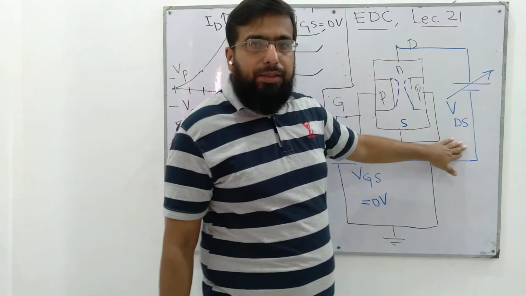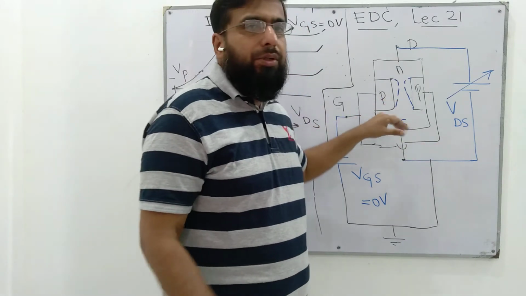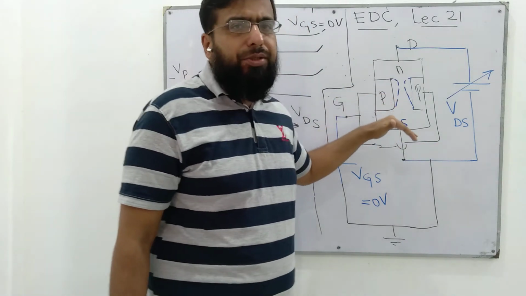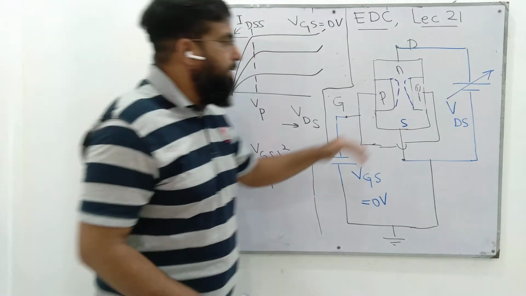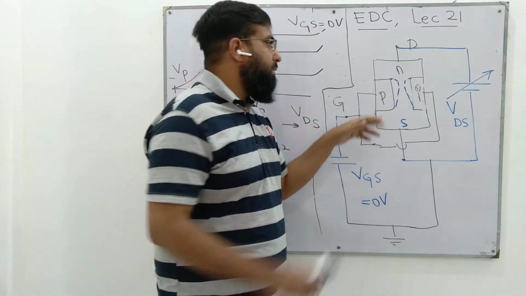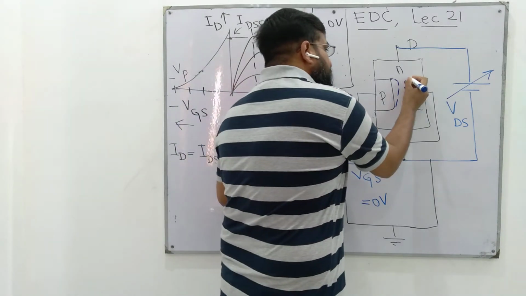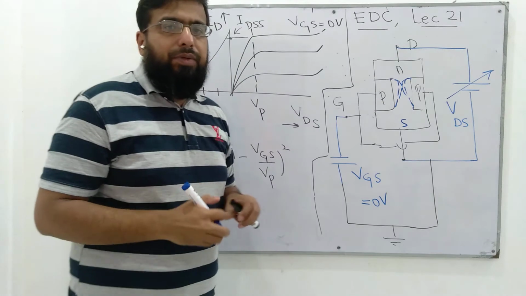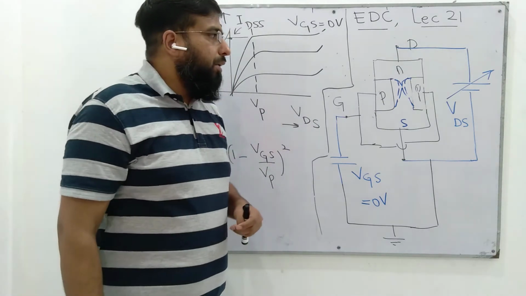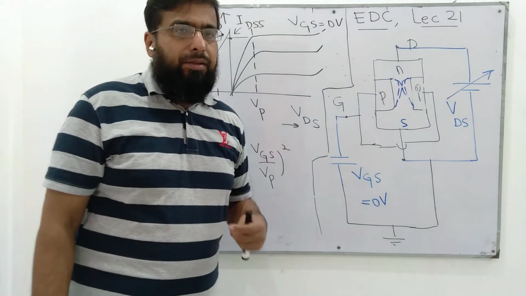As VDS increases, the width of the depletion region increases, and at a certain value of VDS, these two merge together. After that, we have a constant current ID flowing, the maximum current.